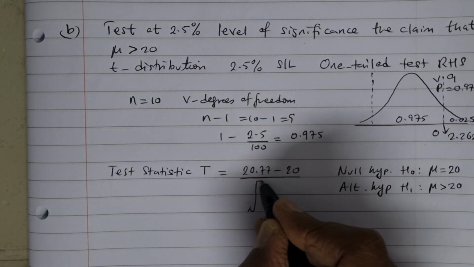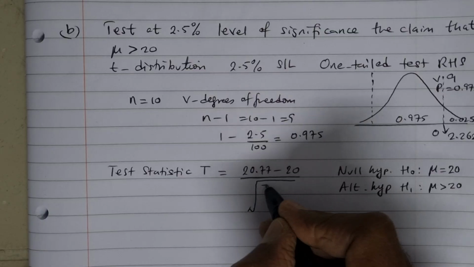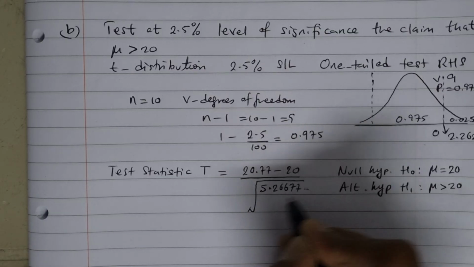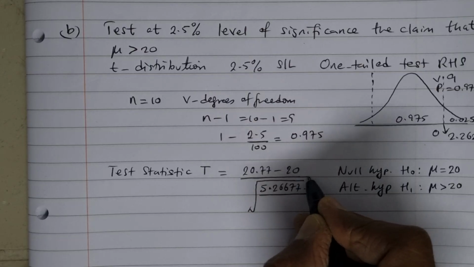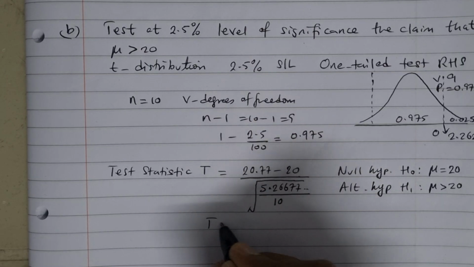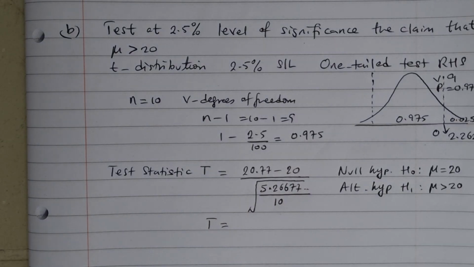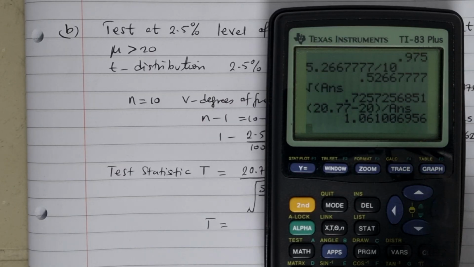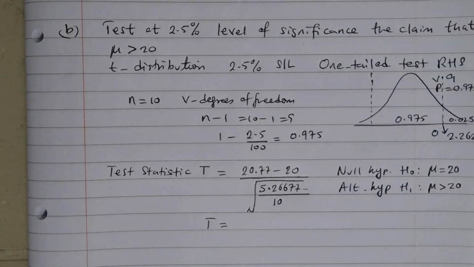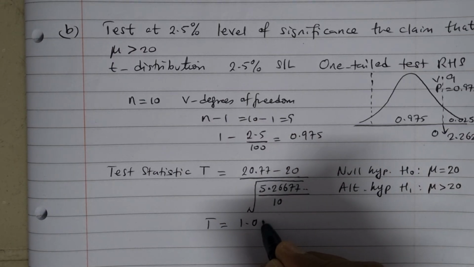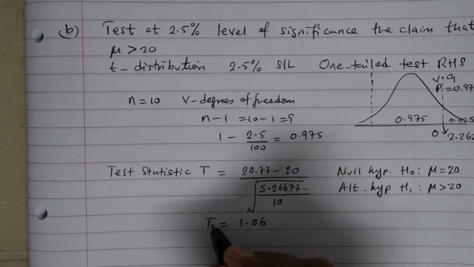So I'm going to say divided by the square root of 5.26677 and so on, all over the sample size, which is 10. So the test statistic will give us a value of 1.061006956, the other decimal places become insignificant. So this is our test statistic.